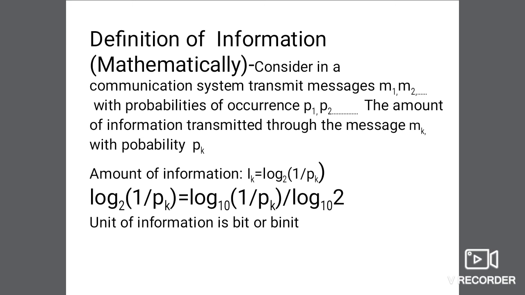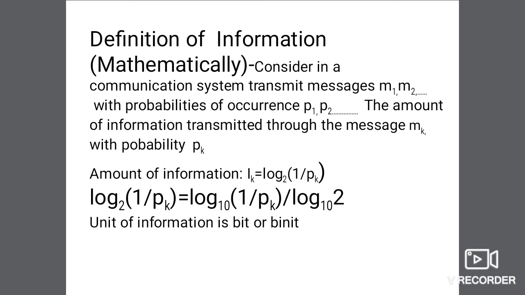The total probability of sending the messages is equal to 1. The amount of information transmitted through the message Mk with probability Pk is denoted Ik, and Ik is equal to log 2 of 1 upon Pk.